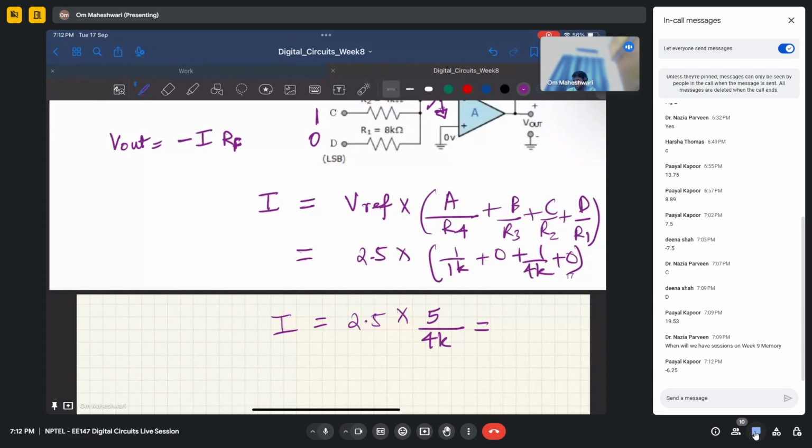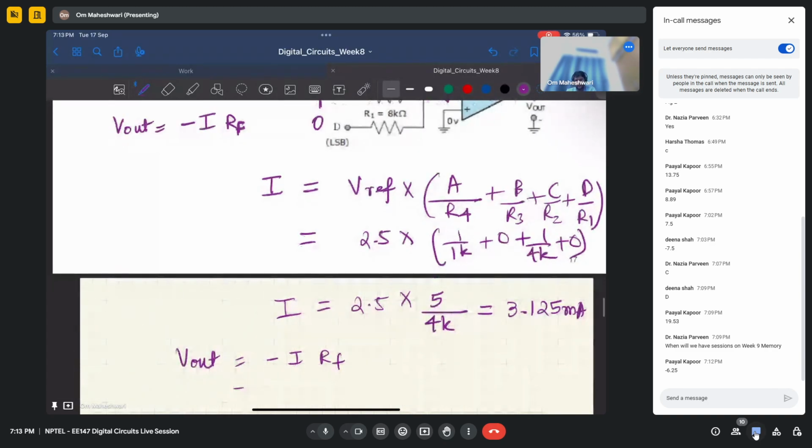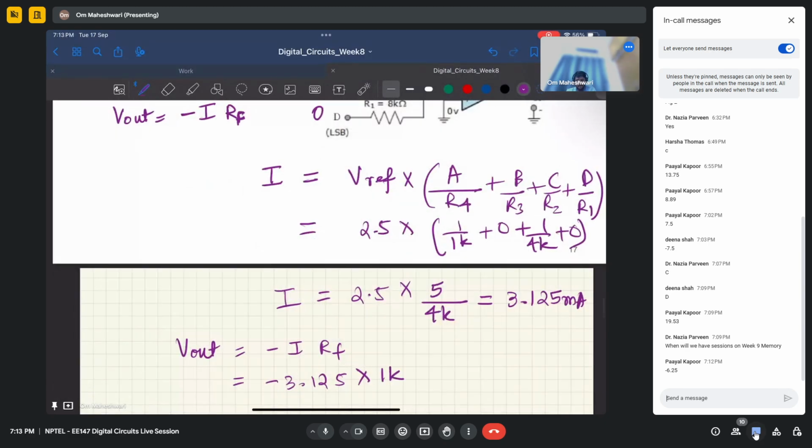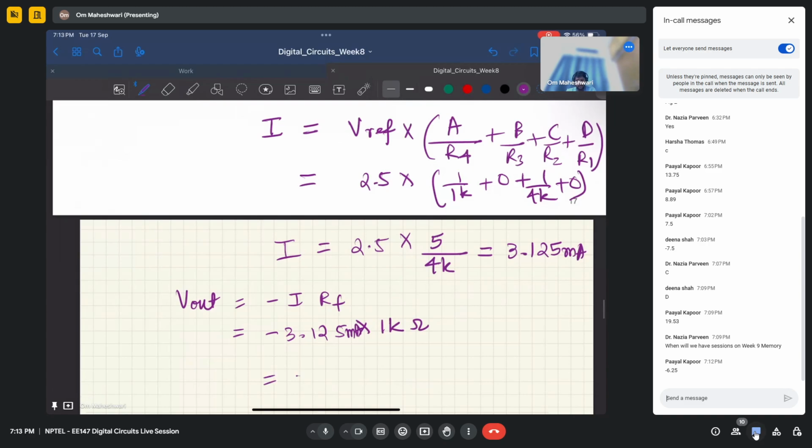Solve this, it comes out to be 3.125 milliamperes, and your V out is minus I times RF. So it is minus 3.125 into RF, which is 1 kilo ohm. If you solve this, it is simply minus 3.125 volts.